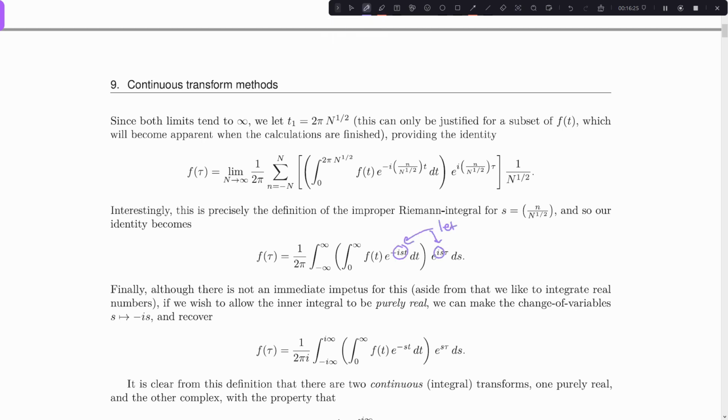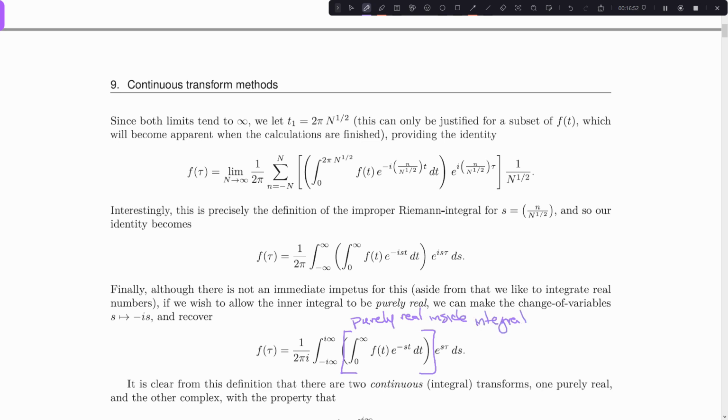say let is map to s, and what I get out of this is I have to integrate over some imaginary bounds on the outside integral, and I also have to divide by s. But what I get that's useful is that all of a sudden this is a purely real inside integral.